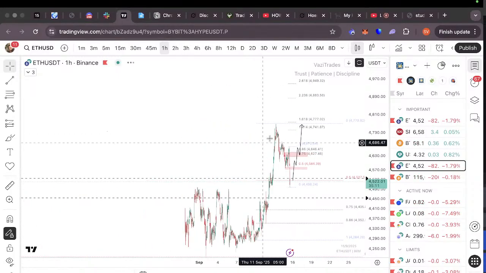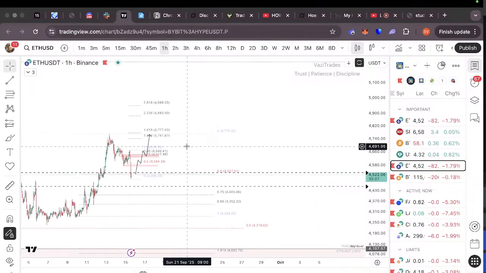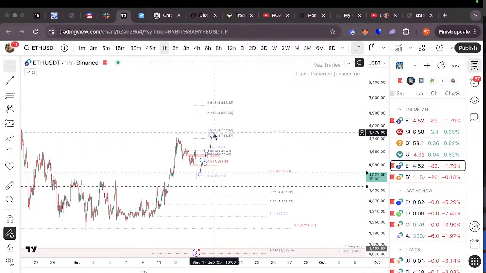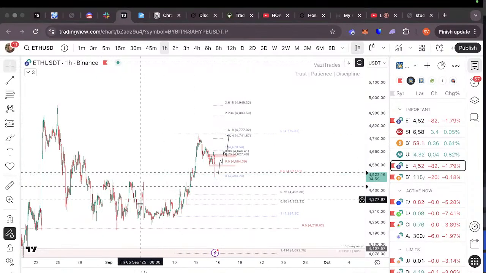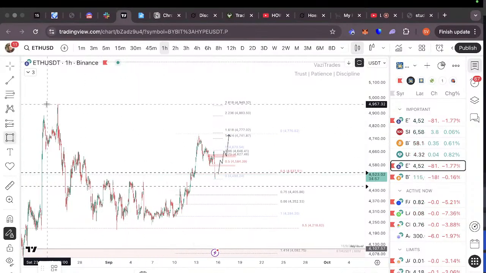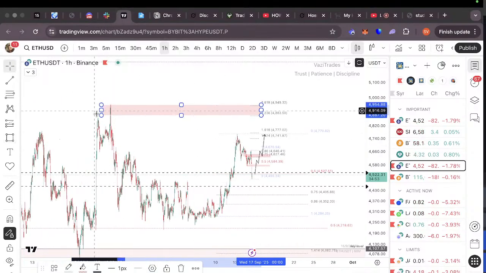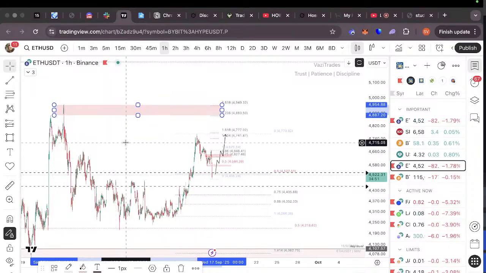And then only if it gives a breakout above 4,777, we can expect the price reaching the previous all-time high, which also aligns with the next Fibonacci levels.